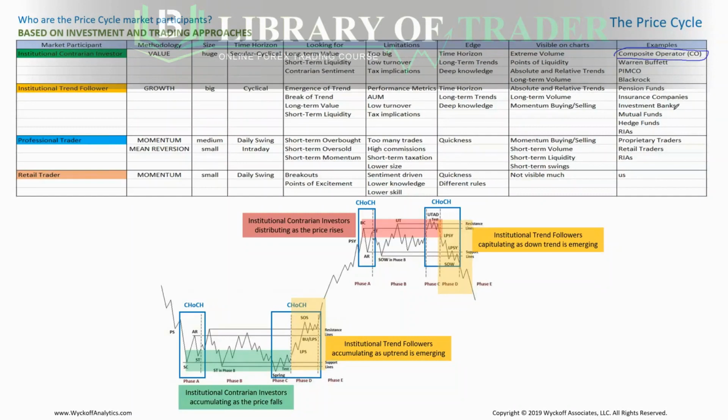And I've explained to you guys yesterday that there is a big difference between a composite operator that Wyckoff himself had as a definition, and I've shown you an article on that, and then other institutions.